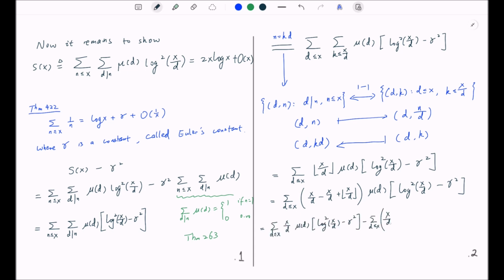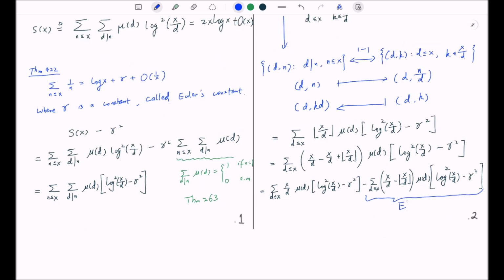And as before, call this the error term. I will first bound this error term. By majorization, we see that the absolute value of the individual summand is bounded by, first this part is bounded by 1, and mu of d is also bounded by 1.